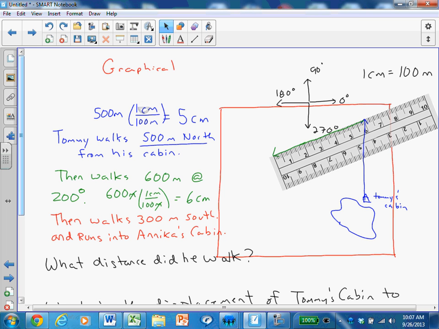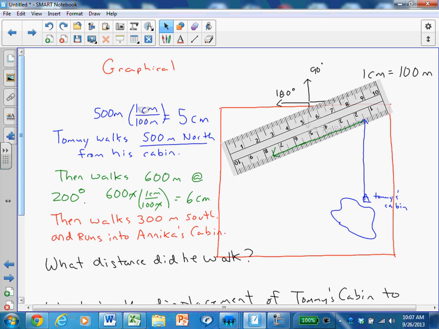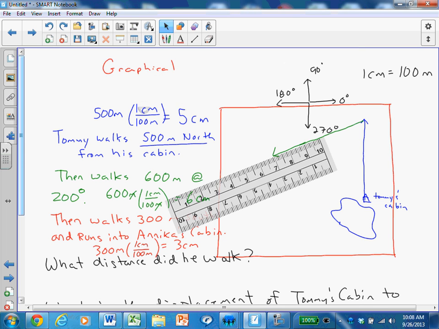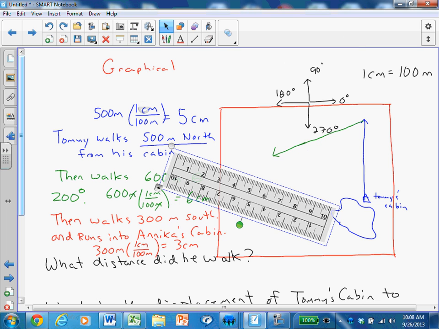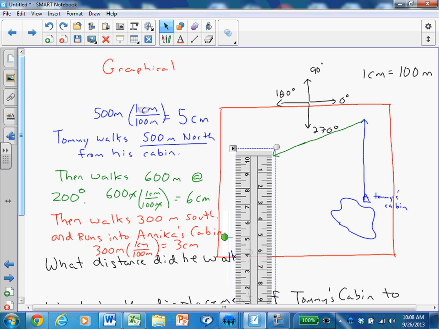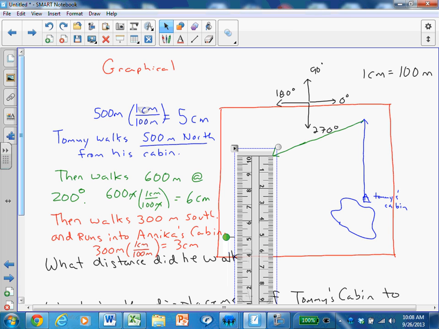And then he walks 300 meters south, and that 300 meters is 3 centimeters. It's directly south, so you can just click this into place and put the 3. Now he left off here, and they went 3 south, like that.